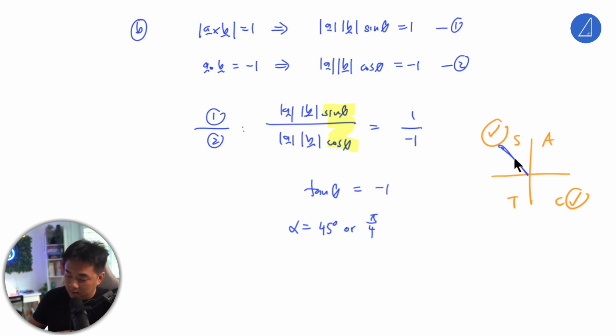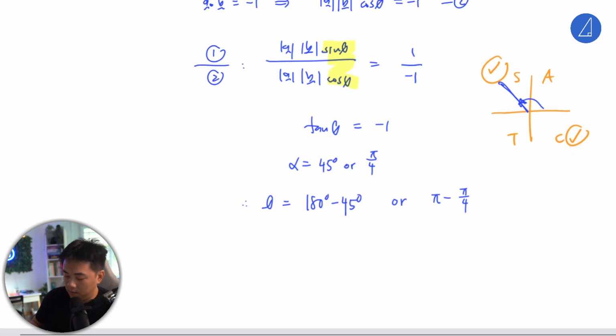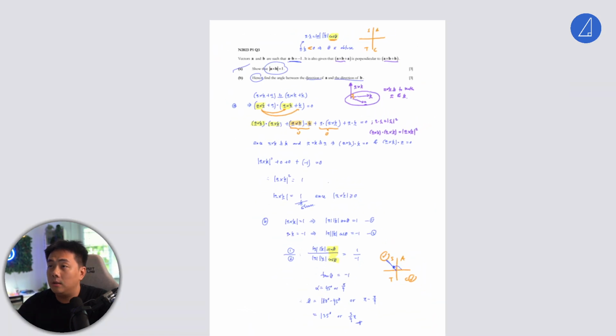The angle between two vectors has to be either acute or obtuse, so it has to be the second quadrant. Hence theta will be in Q2, which is 180 minus 45, or pi minus pi over 4. Either one is fine. So here you'll get 135 degrees or 3/4 pi. Okay, so that's how you do this question 3.